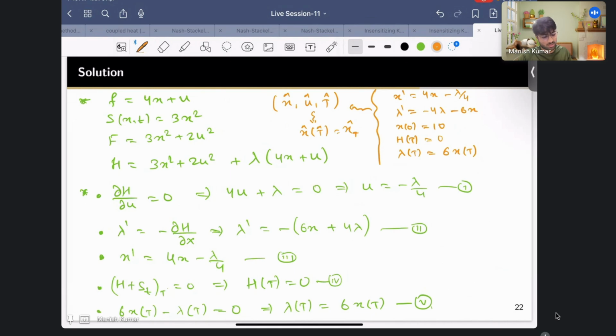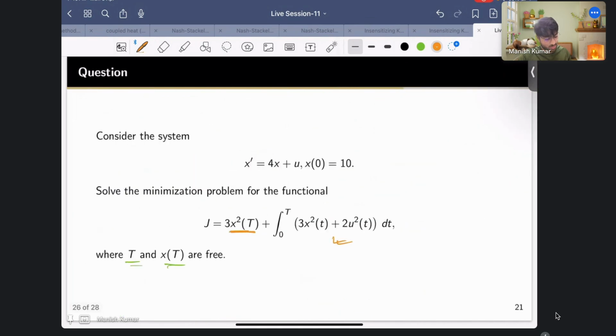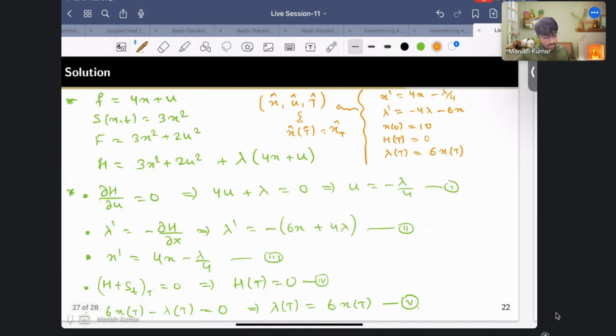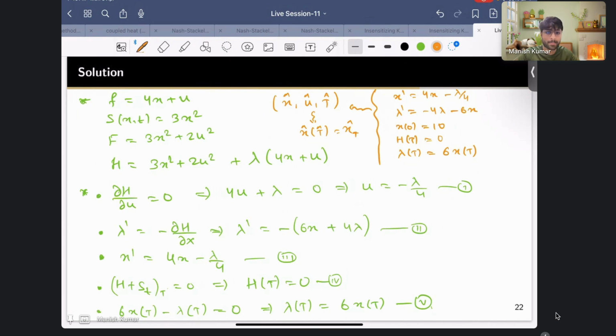When you substitute all these things over here, you will get the minimum value of the functional. Is this clear? And this h evaluated at T means we will get 3x square of T plus 2u square of T plus lambda at capital T plus 4x at T, and u, anyway you know, is given as minus lambda by 4.